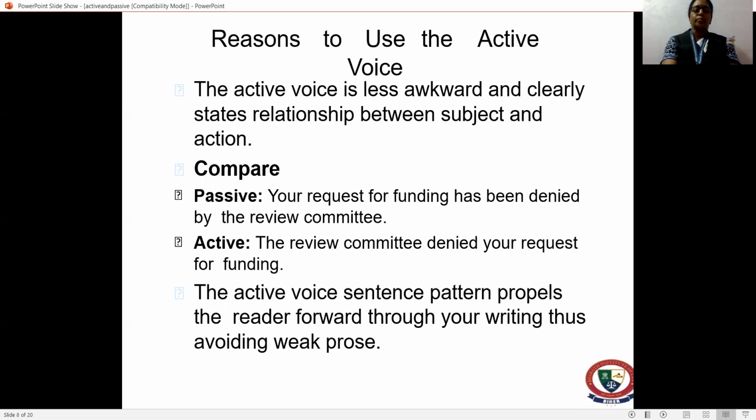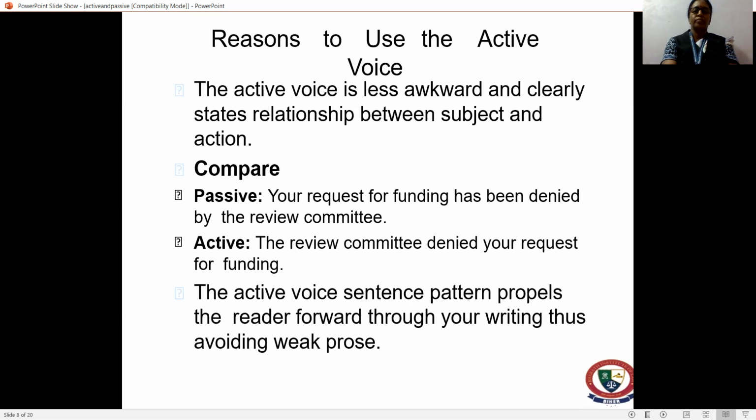The second important reason why we use active voice is that it is less awkward, not confusing or perplexing, and it clearly states the relationship between the subject and the action. So when we read an active voice sentence, we can easily identify the subject and what action is done by the subject.